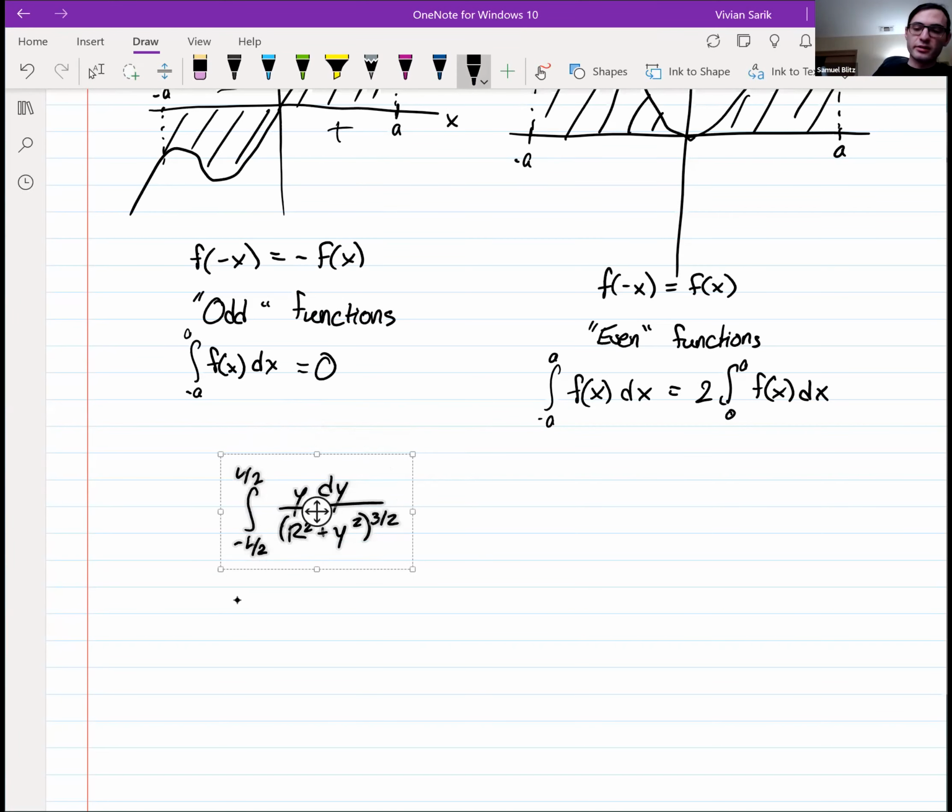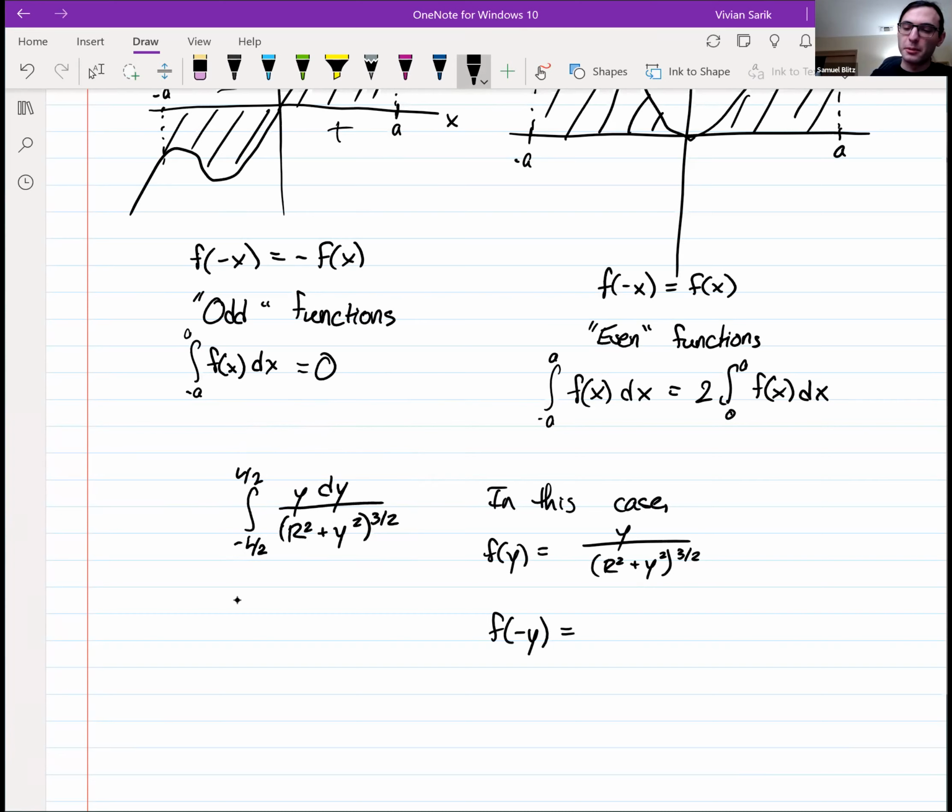So in this case, f of y is equal to y divided by r squared plus y squared to the 3/2. And let's check. Indeed, f of minus y would be equal to negative y. All I'm doing is plugging in negative y in place of y, divided by r squared plus minus y squared to the 3/2.